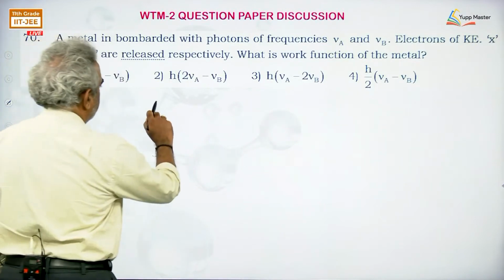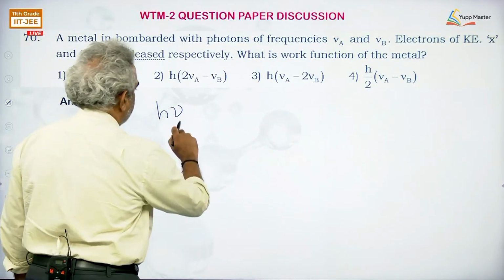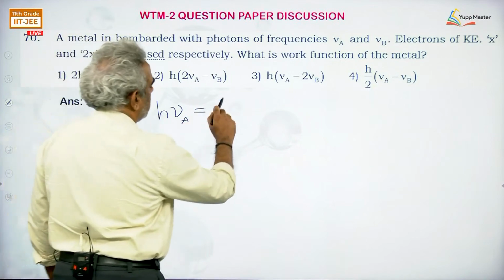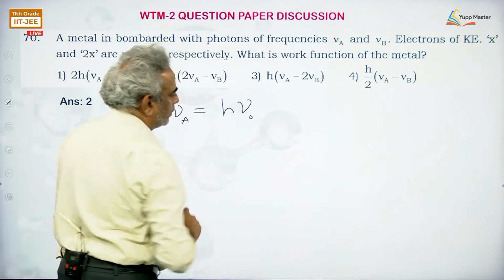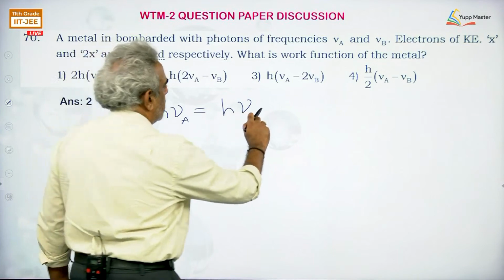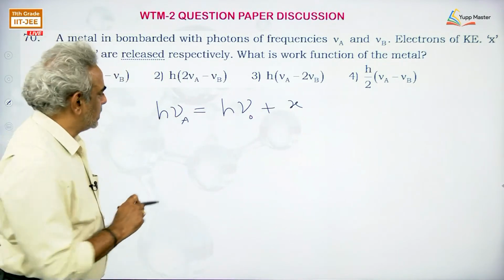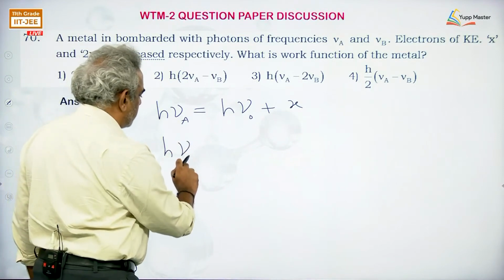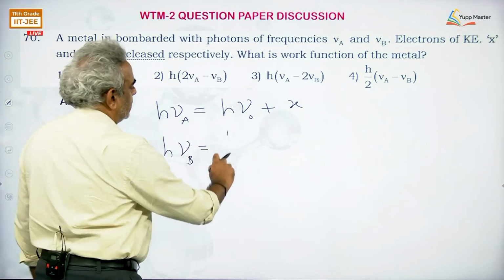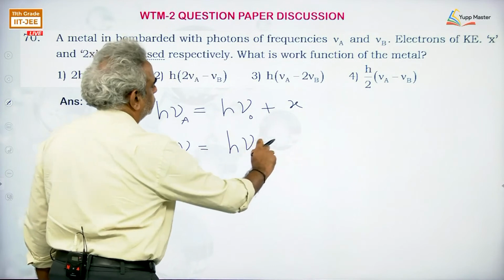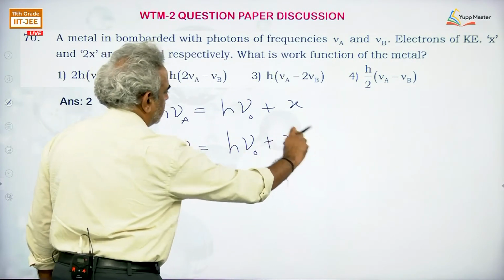We can work out like this: h nu A, the first photon's energy, is distributed as the work function of the metal and also the kinetic energy of the electron. In the second case, the photon has a different frequency, the work function is fixed, and 2x is released.